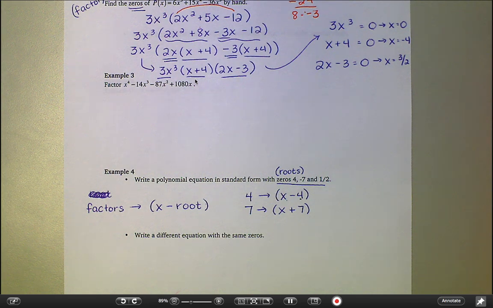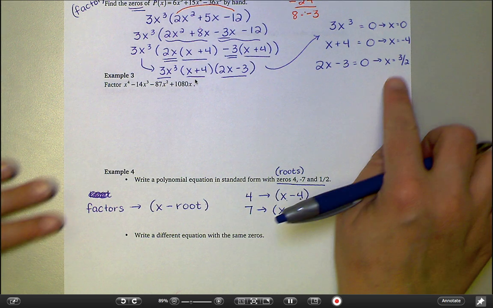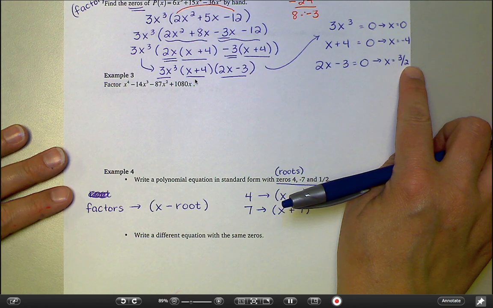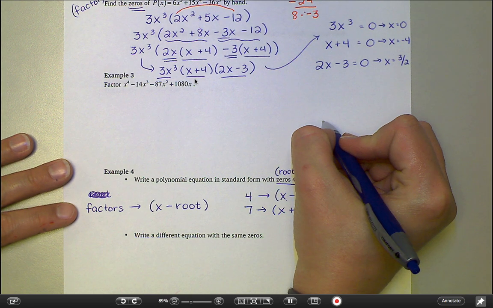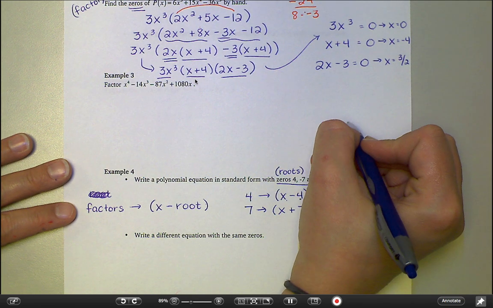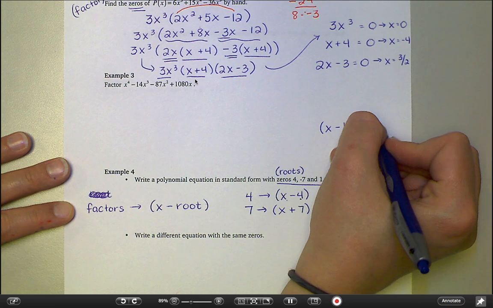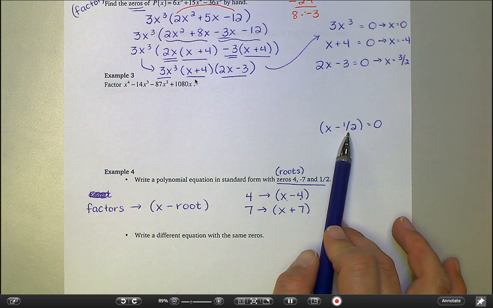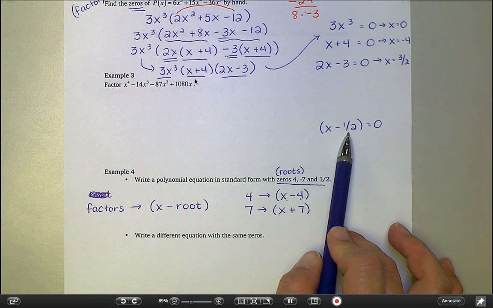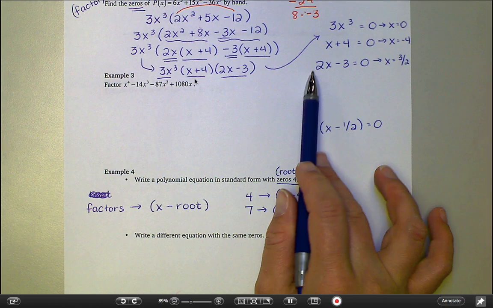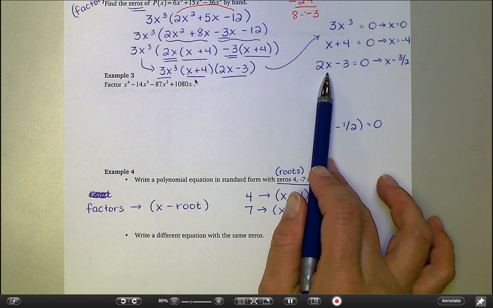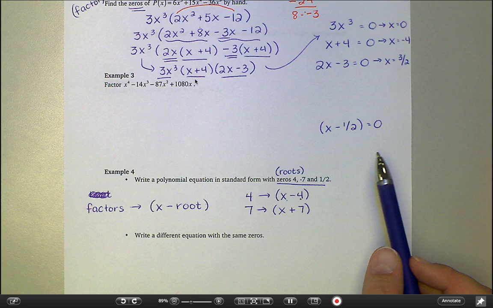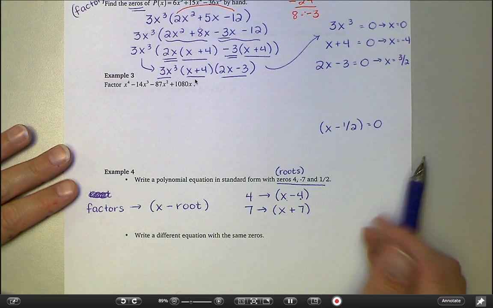Now, this one's kind of weird. Remember this one up here where we had 2x minus 3 and it ended up being x equals 3/2? I could say x minus 1/2 equals 0. But when I throw that in as a factor, we don't usually factor with fractions like that. So let's think about how we could write one kind of like this that would lead to a 1/2 as a final answer. And if we were in class together, I would ask you to think about that.